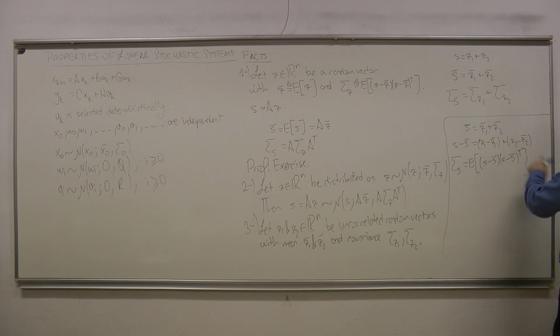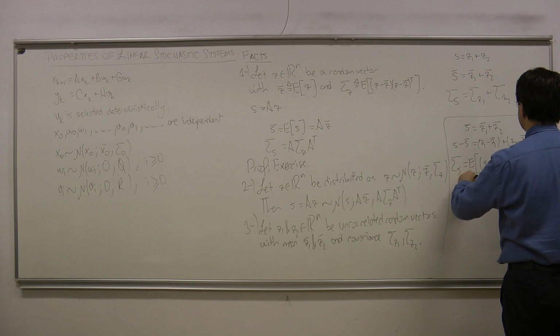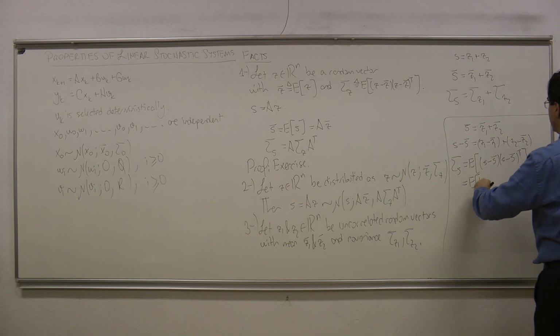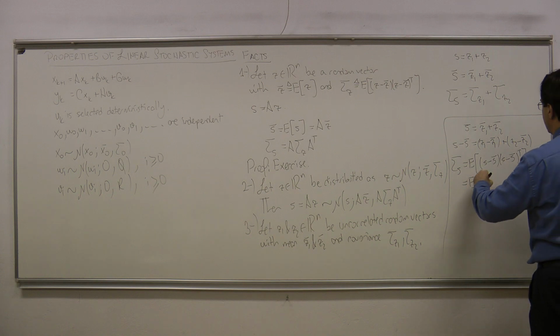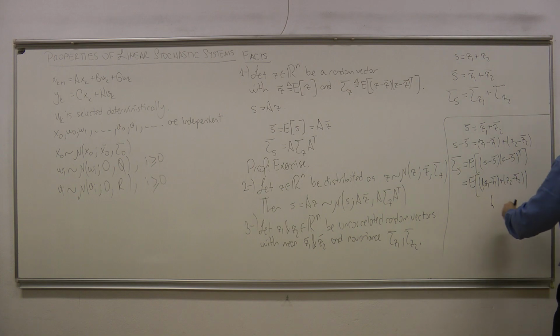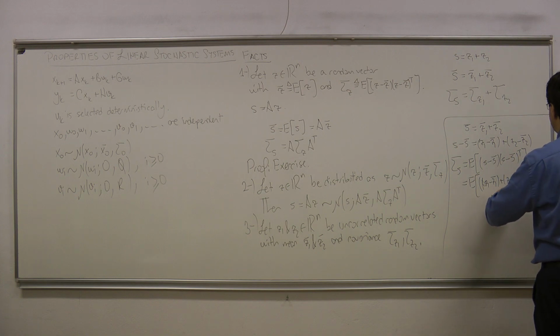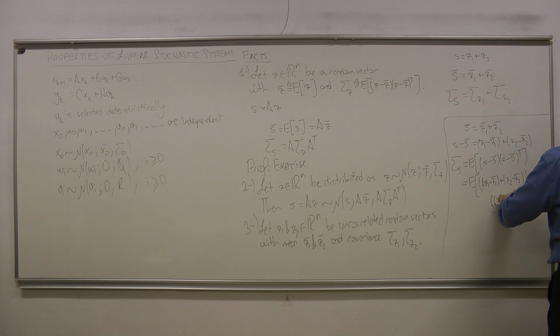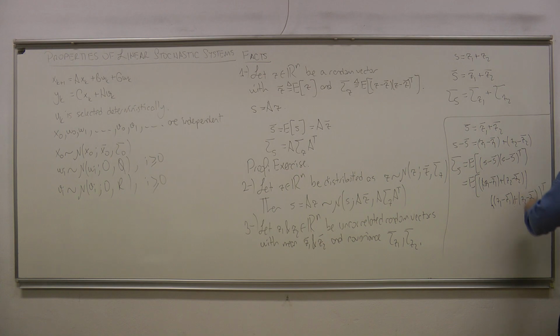Then I can substitute this summation into S minus S bar. So I have Z1 minus Z1 bar plus Z2 minus Z2 bar, and I have the transpose of the same thing: Z1 minus Z1 bar plus Z2 minus Z2 bar transpose.